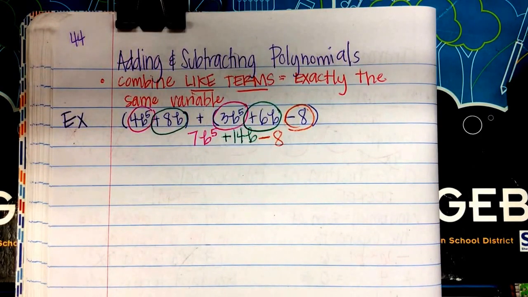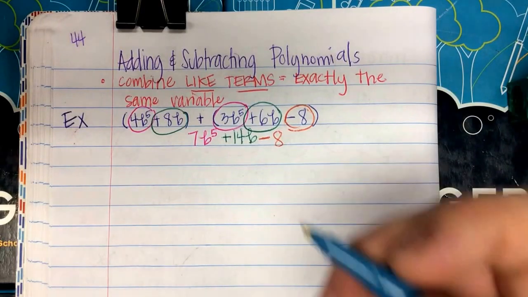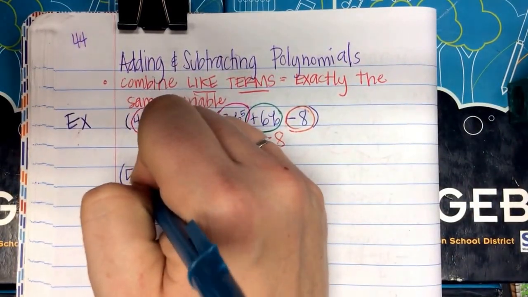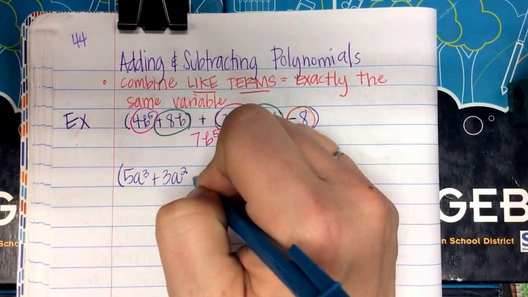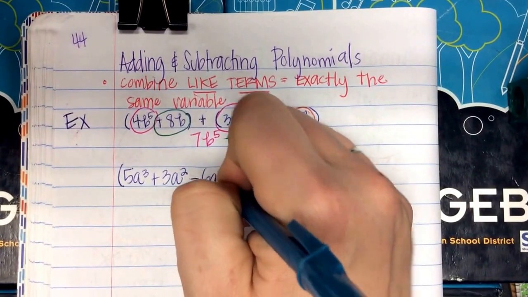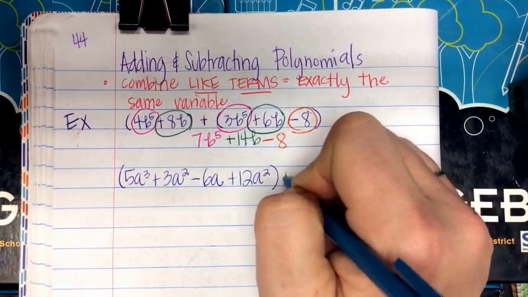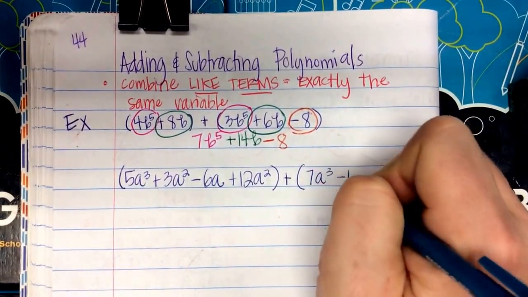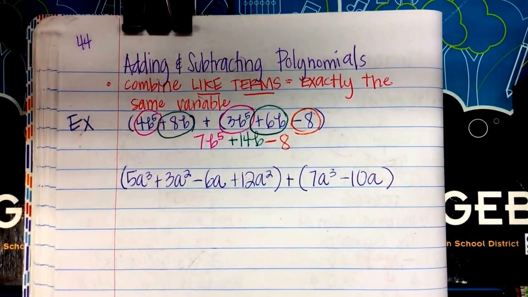All right, let's try this example. 5a to the 3rd plus 3a squared minus 6a plus 12a squared. So again, I'll read it.